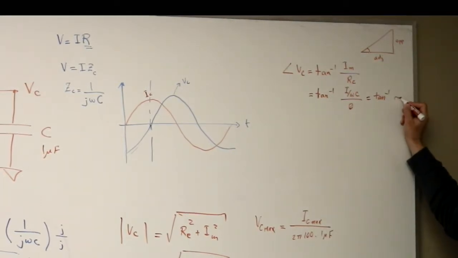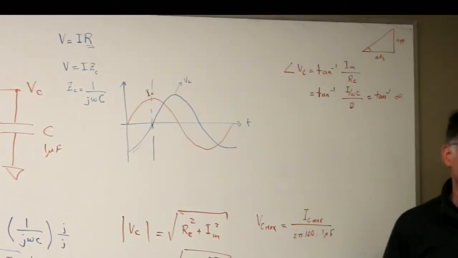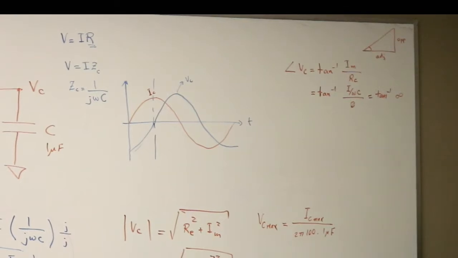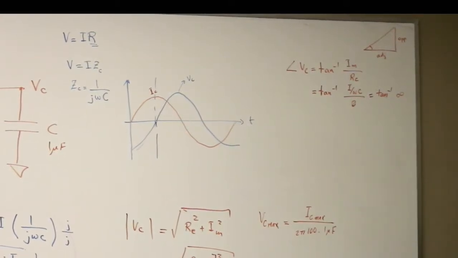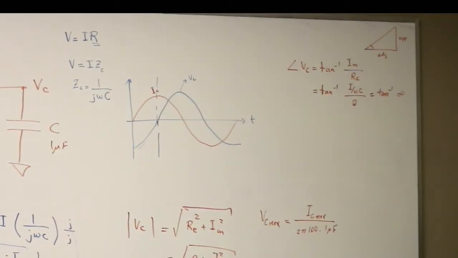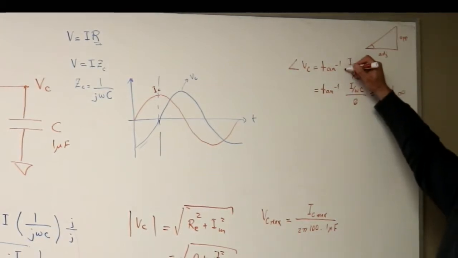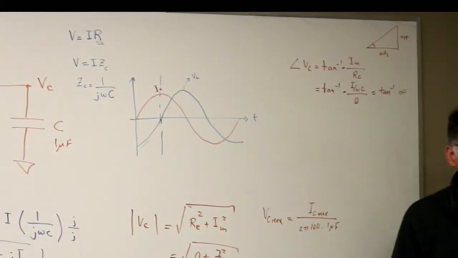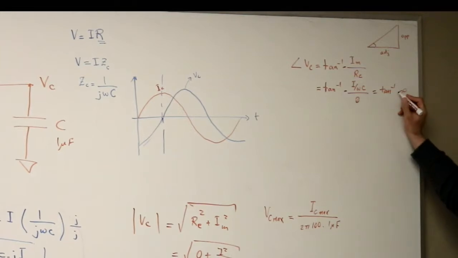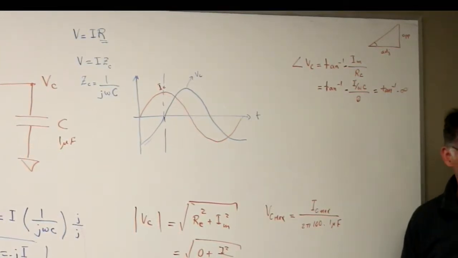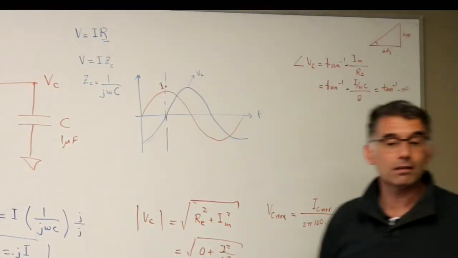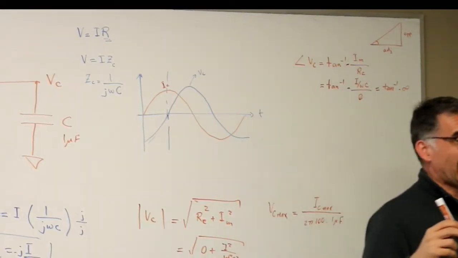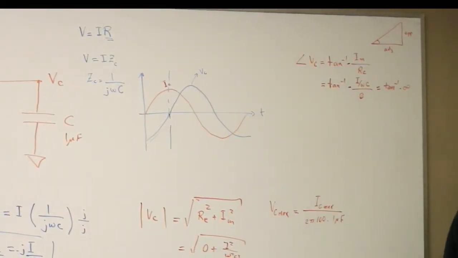This becomes infinity, right? Well, not defined. Why is that non-negative? Which one, I or omega? Oh, yes, you're right. Negative. Thank you. So, negative. Good catch. So, what angle do we know whose tangent would be infinite?